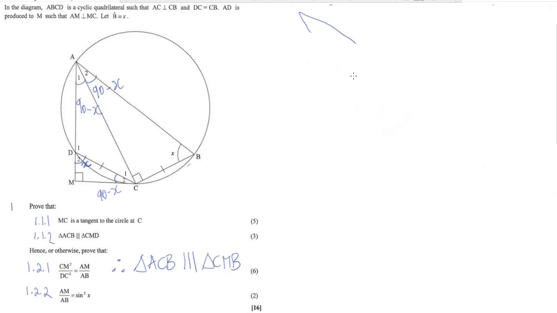Okay, let me remove this. Let's take the triangle that is given here. This is the first triangle, which is AMC.